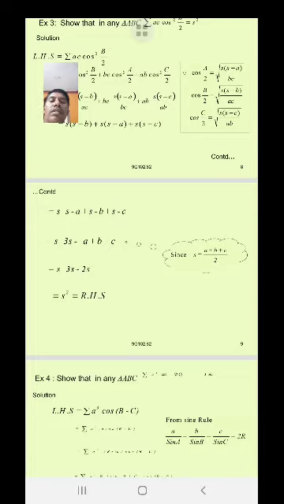These are all kept in a bracket. So s of 3s minus a plus b plus c, which means 2s, since s equals a plus b plus c by 2. So 3s minus 2s means s. S into s is s square. So this is the RHS. From LHS we got RHS. Hence we showed.